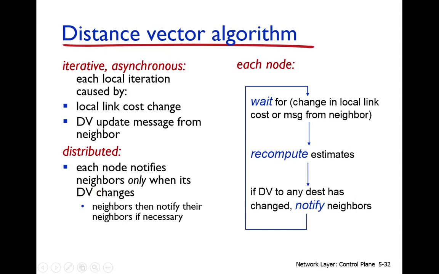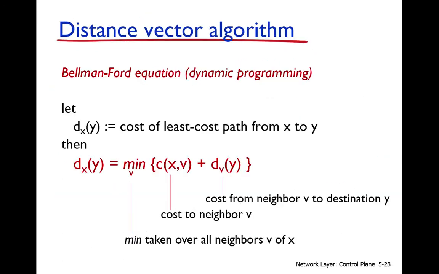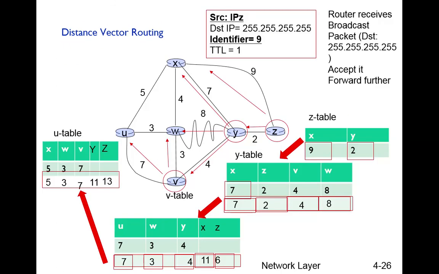Then the neighbor computes its table, and then the neighbor notifies its neighbors if necessary. If necessary means that if there is a change in the table. For example, when y receives the information from z, there is no change in the y table, so y will transmit its information after 5 seconds.